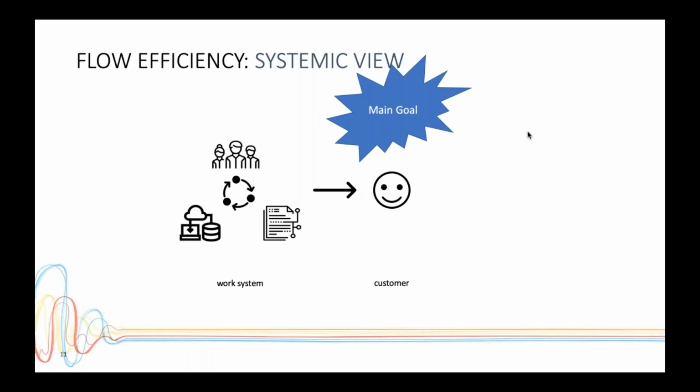And this becomes the main goal of the company in a flow-efficient universe. And if there's one thing that's really exceptionally different about lean companies, it's that the main goal or purpose is really around the customer and satisfying customer needs and customer demand, rather than just to make money, right?